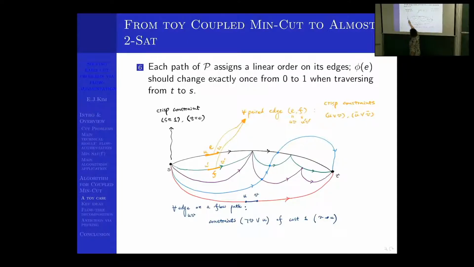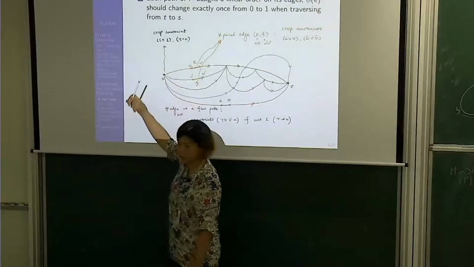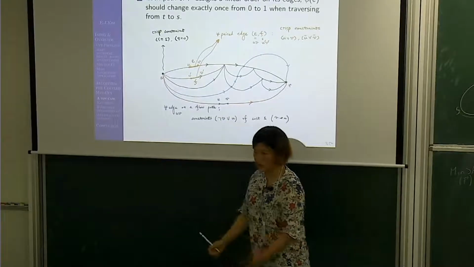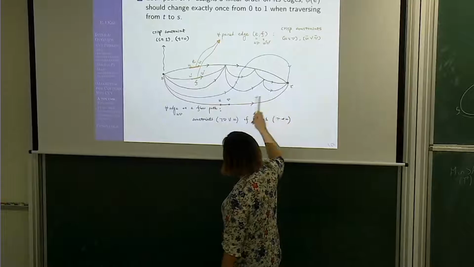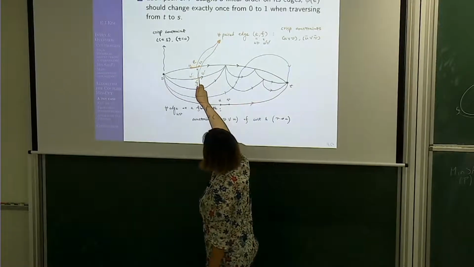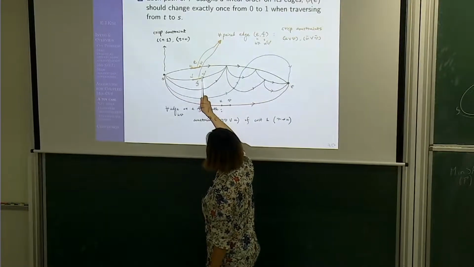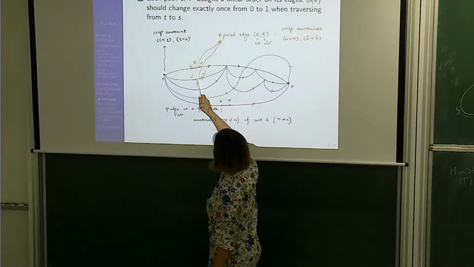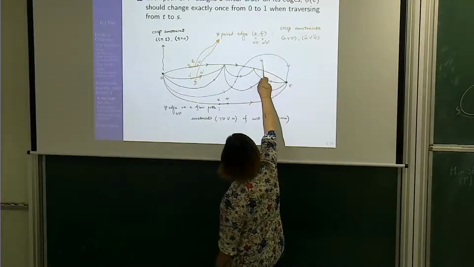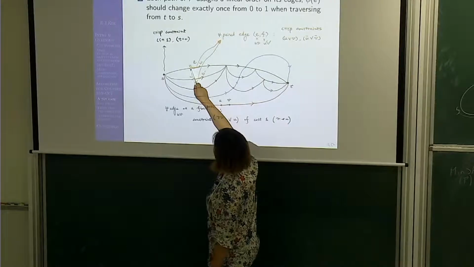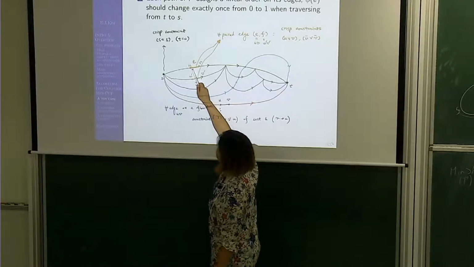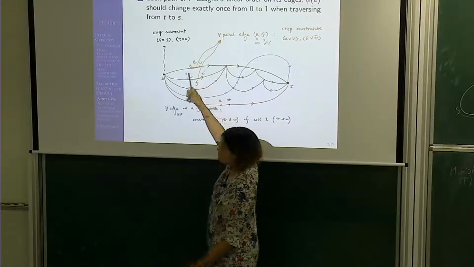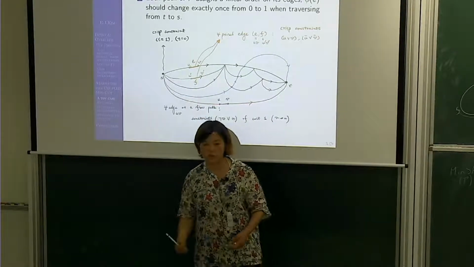For S, we make the constraint S equals 1, and we make it crisp, so you always have to satisfy it. T equals 0. And for the paired edges, we impose that U and V prime are different. If one is 0, then the other is 1, and vice versa.